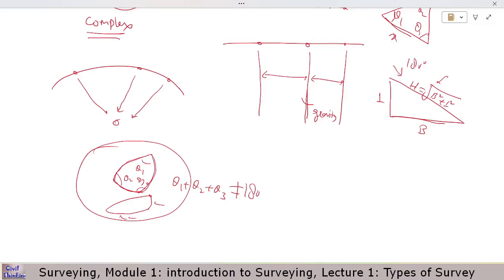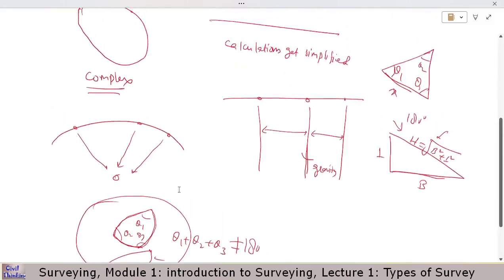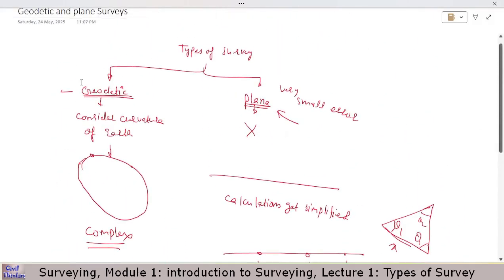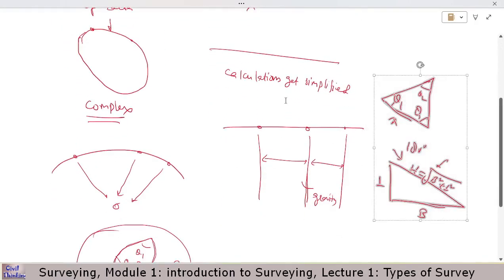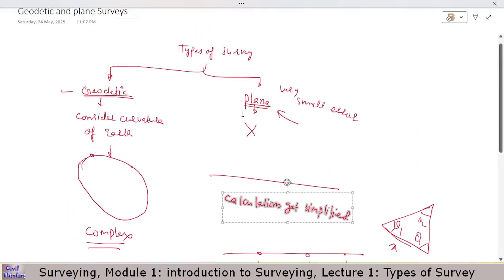So this is the reason that I have told you that this geodetic geometry, the calculations are complex, but in the plane we can use the already known formulas, okay. So our calculation gets simplified in plane geometry. But in geodetic, because of the curvature, the calculations get complex, right? So let's move on.